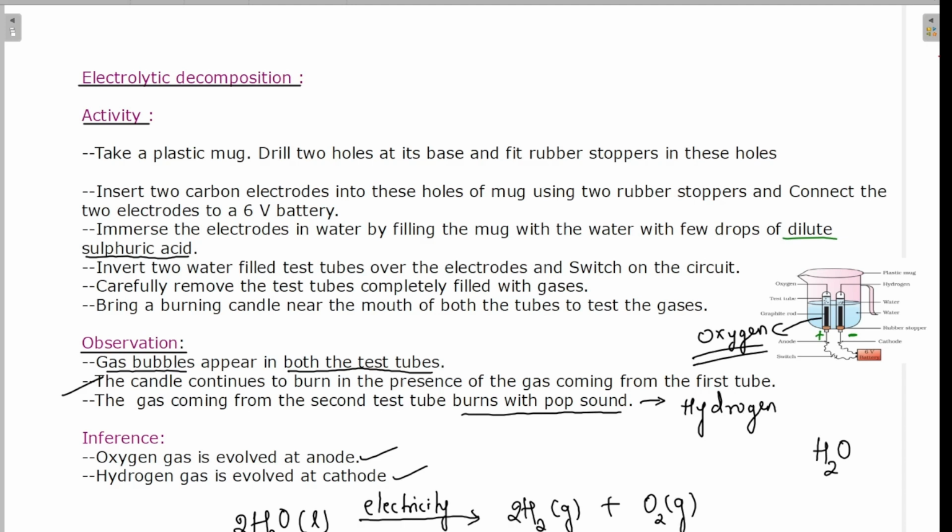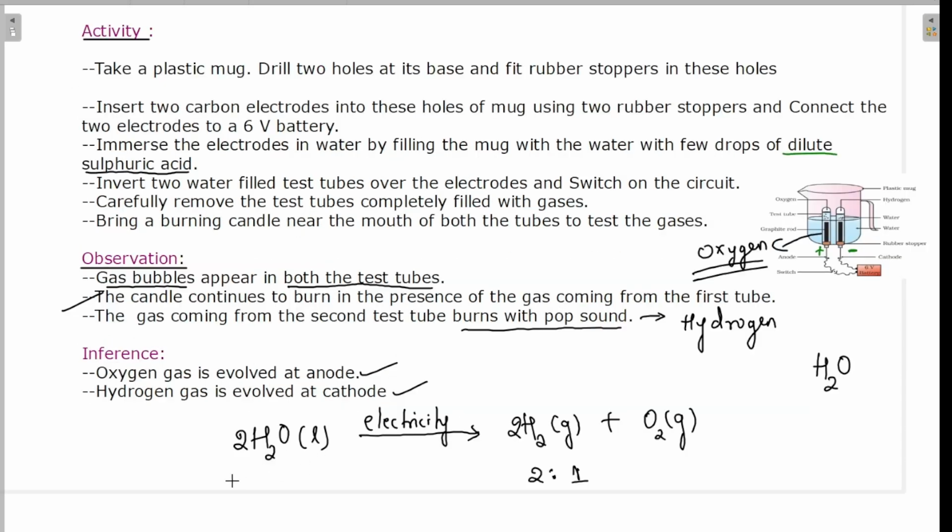The volume of hydrogen is twice the volume of oxygen collected. You have to remember this. So overall, this is the reaction of electrolysis of water, where water undergoes electrolytic decomposition to form hydrogen and oxygen on passing electricity.